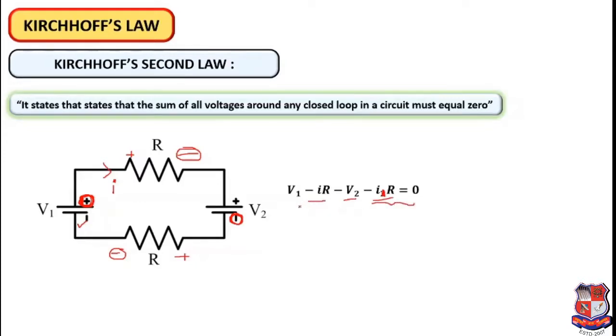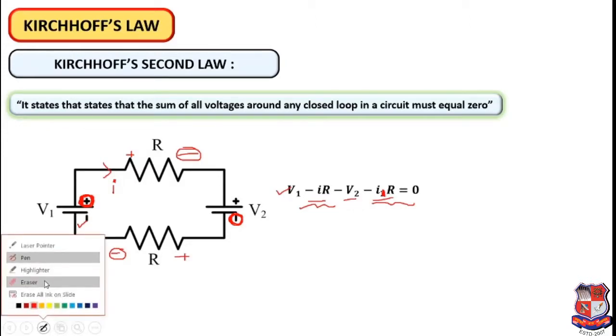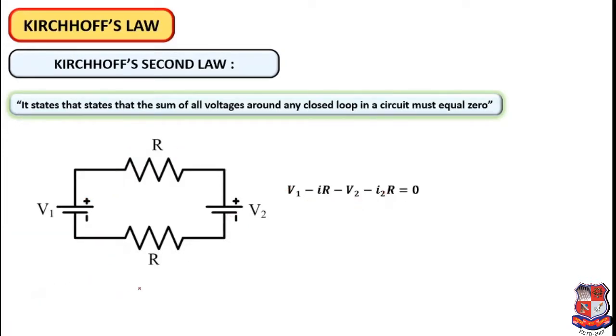Now it depends on the source and their polarities. If it is a source, I just have to look for the polarity at which current leaves. Here the current leaves at positive polarity, so it will be plus V1, and over here V2 current leaves at negative polarity, so it is minus V2. I hope that writing a KVL equation is not a tough job. It is very easy.